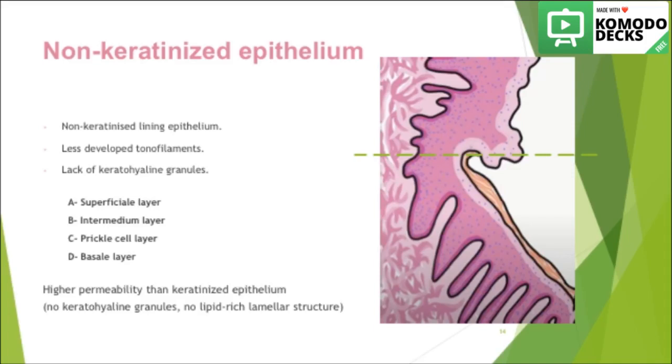It lacks the keratohyalin granules and the lipid-rich lamellar structure, which was present in the granular and the keratinized upper layers. Here the epithelium is divided into a superficial and an intermediate layer along with the prickle and the basal layer. This epithelium has high permeability compared to the keratinized epithelium.